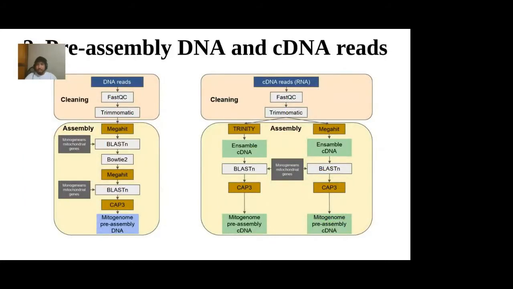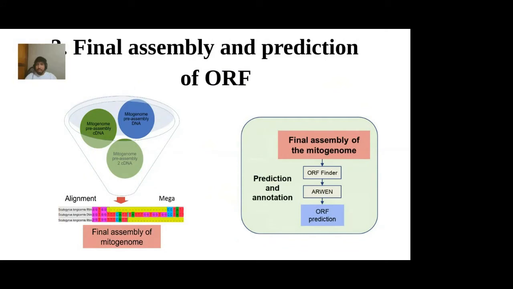Pre-assemblies were obtained from DNA sequences with the MEGAHIT and CAP3 assemblers, and from cDNA sequences with Trinity, MEGAHIT, and CAP3. The pre-assemblies were aligned with MEGA to produce the final assembly. Gene prediction and annotation were obtained with MITOS and ARWEN.